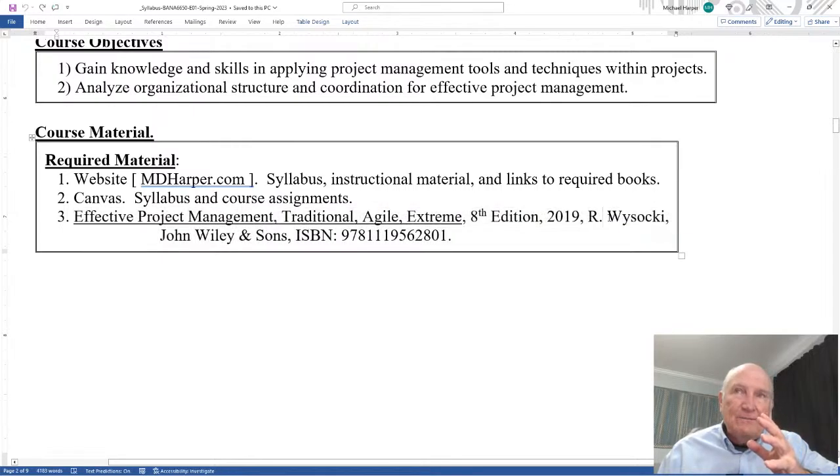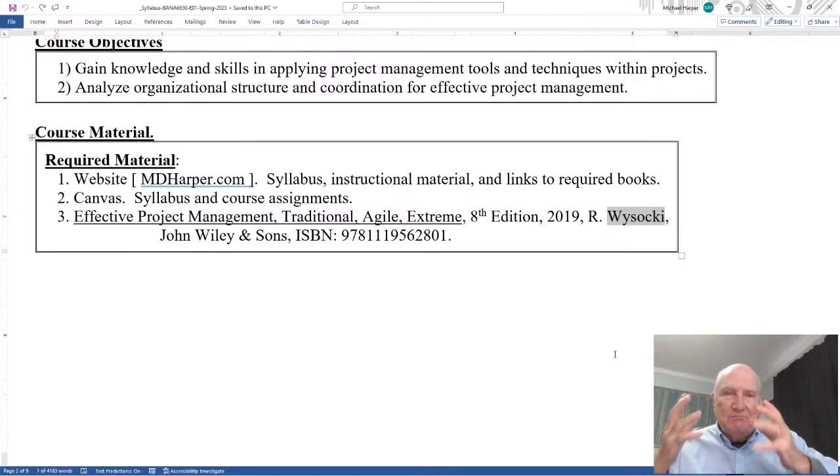Now, Wysocki, this textbook, Wysocki, is very good. It's the 8th edition. It's very practical. It is not that theoretical, but it's very practical. It's very business-like. And so he obviously has done this in business. And so it is, to me, I like this textbook and I like his approaches.